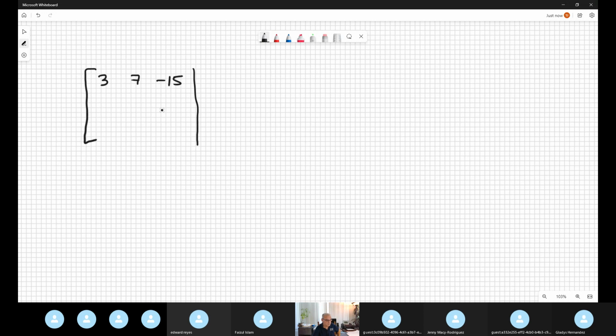Suppose this is it. By the way, this is a system that contains 3 equations, because I see in the matrix 3 rows and 3 unknowns, which are x, y, and z, on the right hand side.